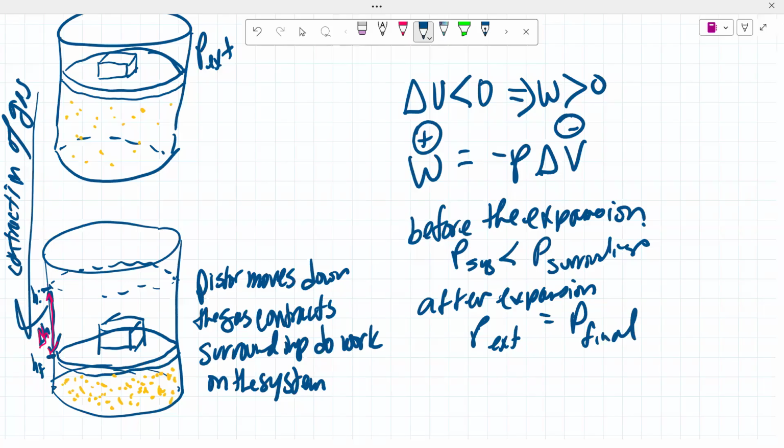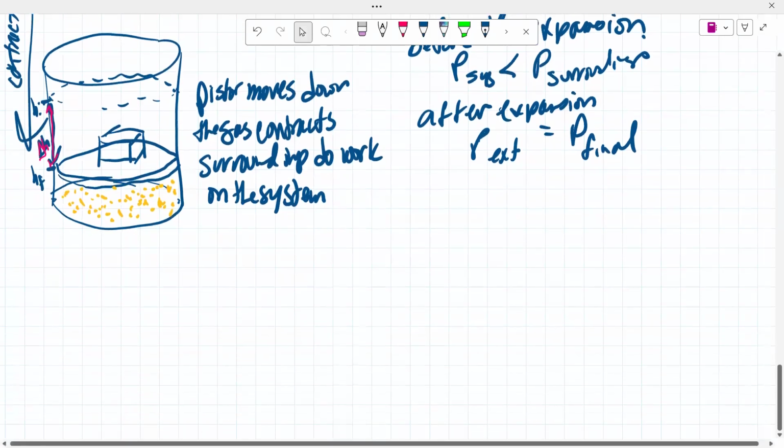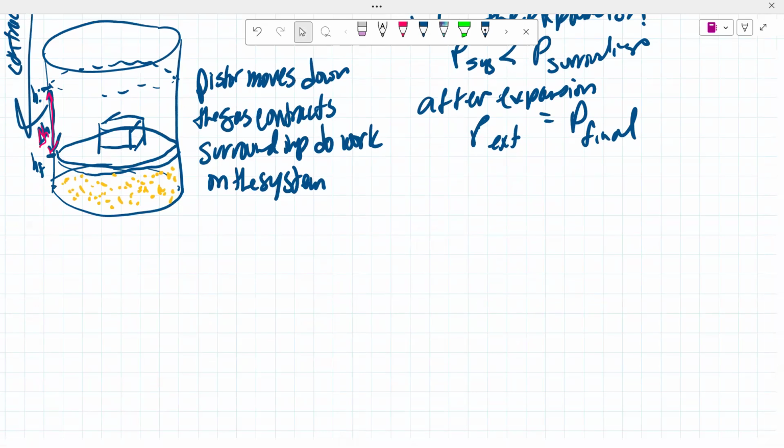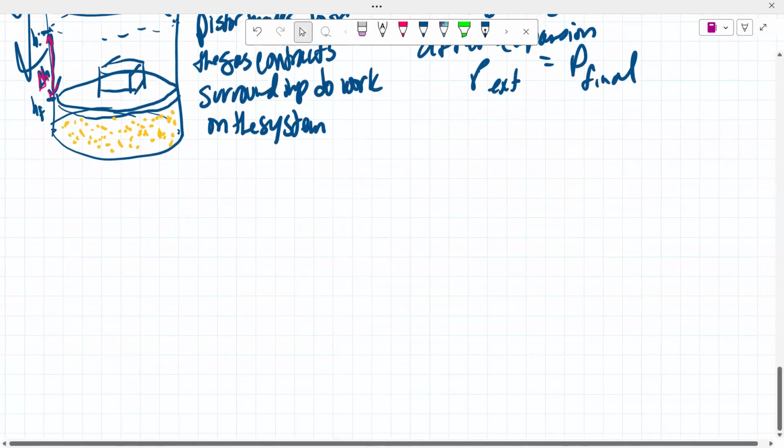All right, so it's more or less the opposite. Okay, now that's great. Hopefully now we have an intuitive feel for what is going on in the pistons. But we now need some tools to calculate this in a bit more detailed way.